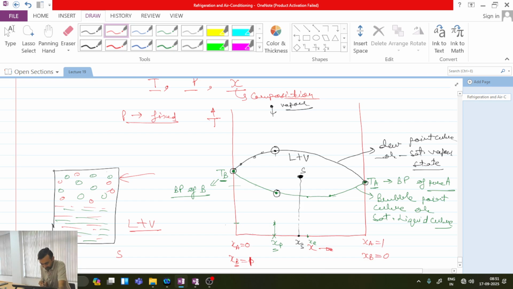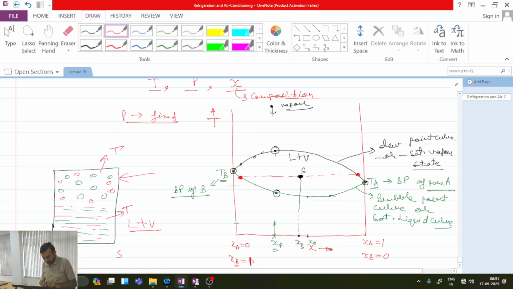So it means that if here also I have the same temperature, here also I have the same temperature, what I can do is fit over here a horizontal line. This horizontal line will be representing the same temperature. Is this point clear? And this line is crossing the saturated liquid line at this point and the saturated vapor line at this point.